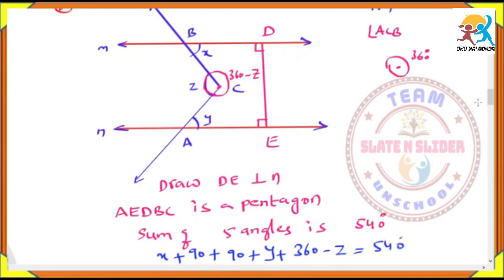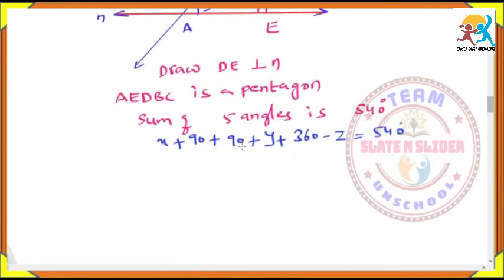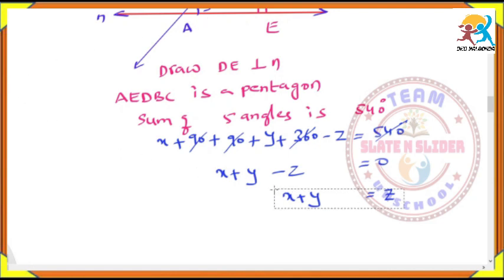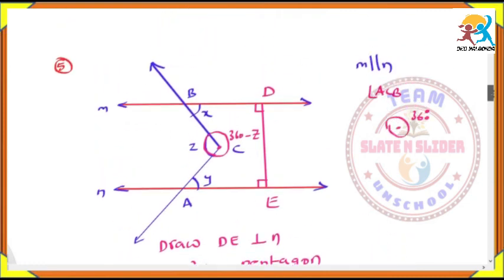We will simplify it. 90 plus 90 is 180, plus 360 is 540. If we send this 540 from the left side to the other side, it will become minus 540, so they both cancel. So we get x plus y minus z is equal to 0. So x plus y is equal to z. This is the relation. And this is one method. I will show the second method.